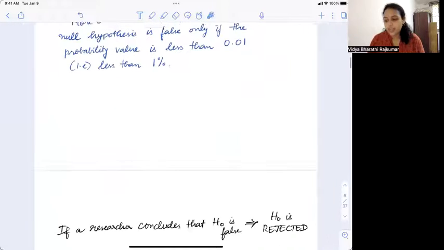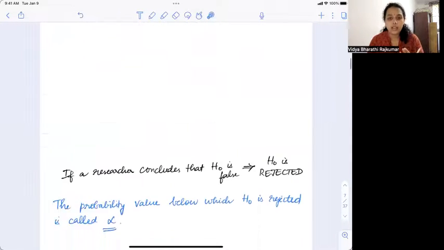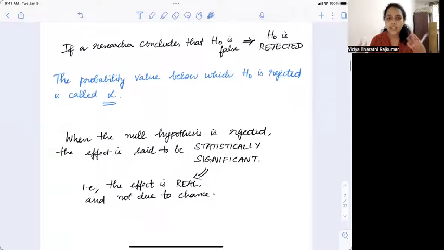Now, whenever we end up rejecting the null, we do it because the evidence tells us that the null is false. And the particular threshold value below which we reject the null is called alpha. And we'll see alpha showing up again. So we'll just remember what this threshold refers to is called alpha.